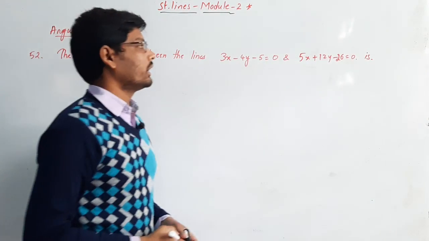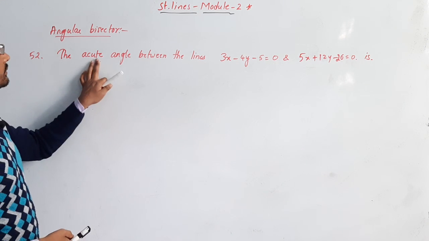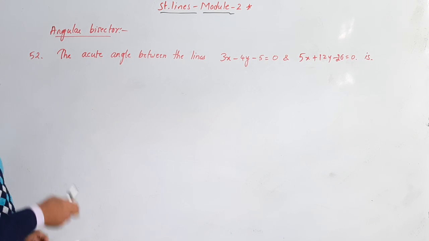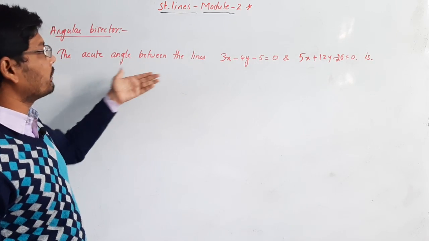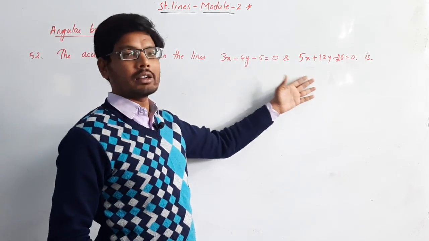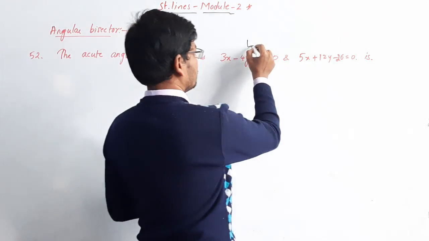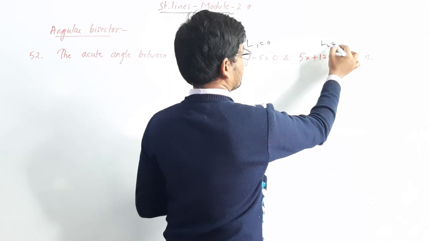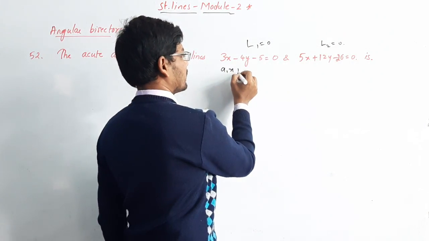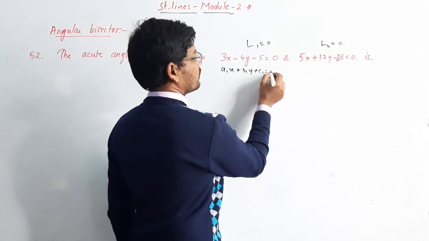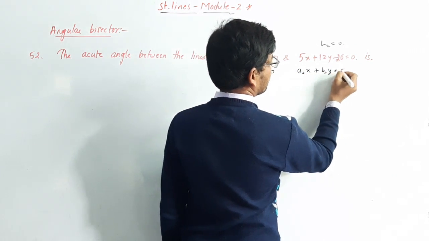First of all, here we have to find the condition for the given acute angle. The topic name is angular bisector, but he has given acute angle between the lines. These two lines, this is L1 is equal to 0, this is L2 is equal to 0. So it is in the form of a1x plus b1y plus c1 is equal to 0, and a2x plus b2y plus c2 is equal to 0.